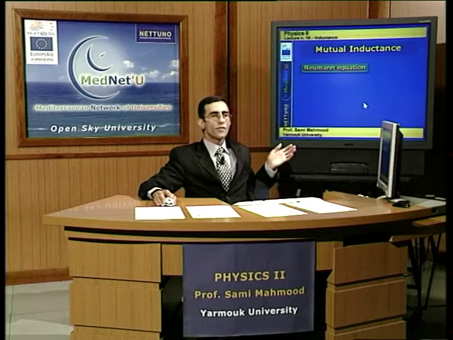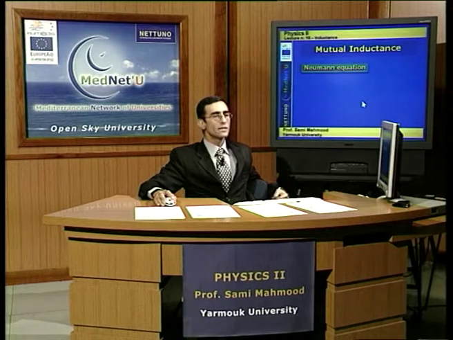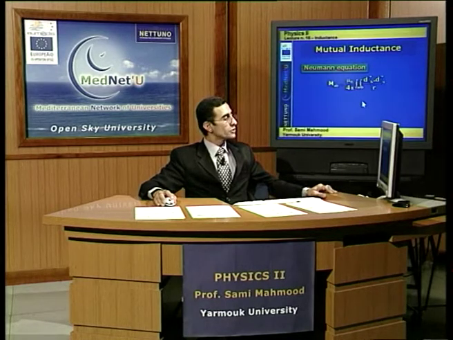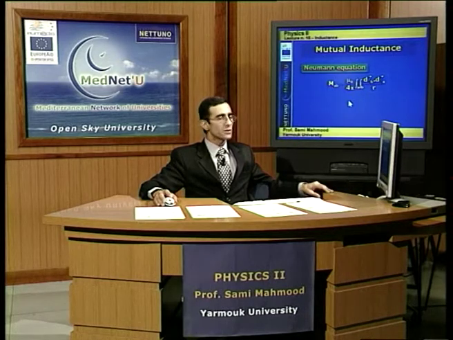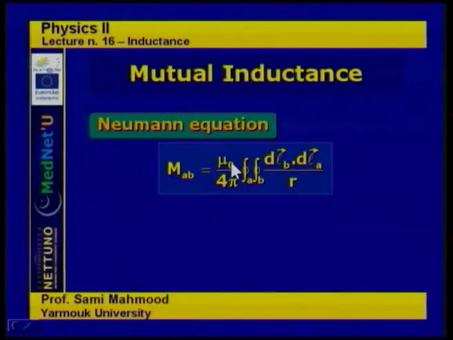which involves a geometrical factor of the two circuits together, as we notice. And this leads to the Neumann equation, which states that the mutual inductance of two circuits is simply equal to mu naught over 4 pi times the integral over the first circuit, integral over the second circuit, of the element of length in the second circuit dot element of length in the first circuit divided by the distance between these two elements.